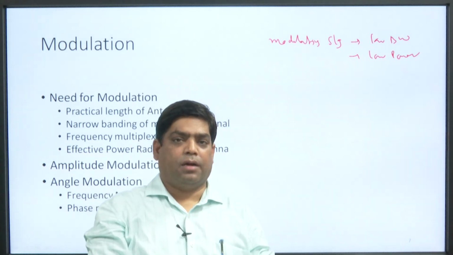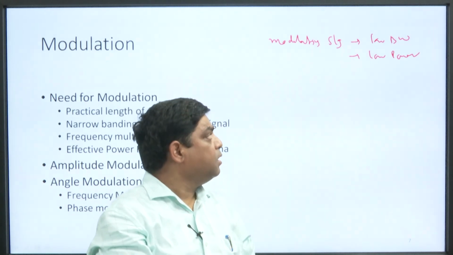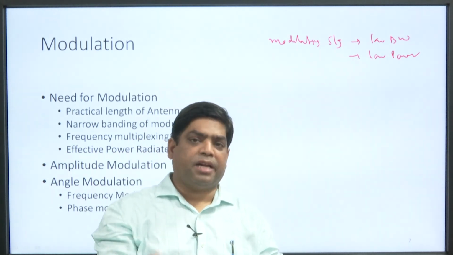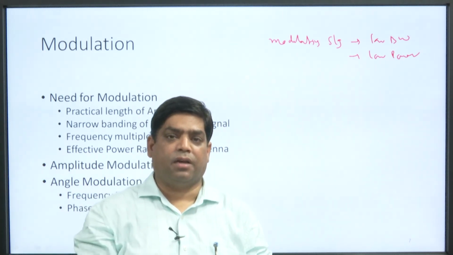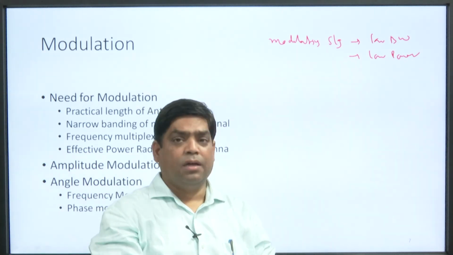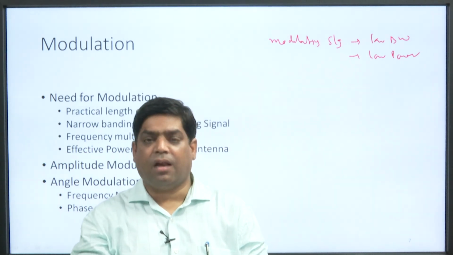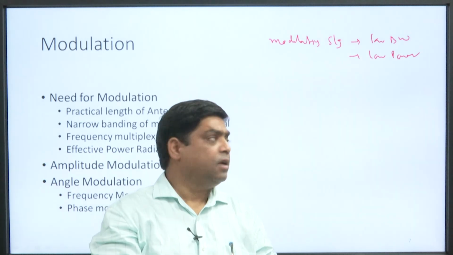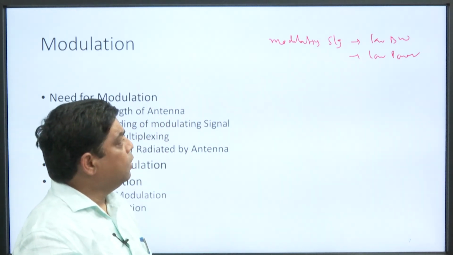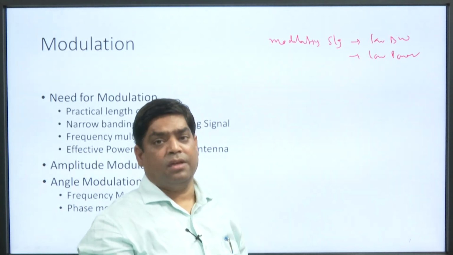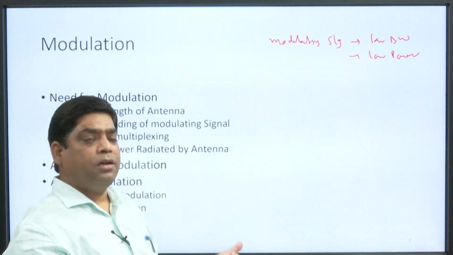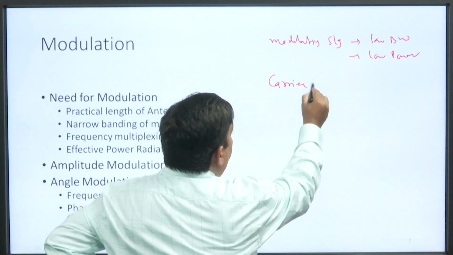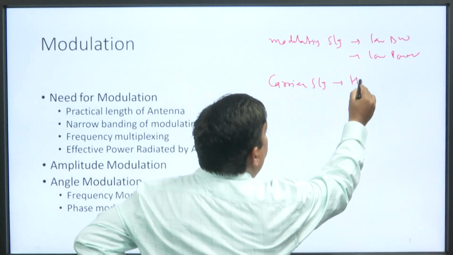For that, if we transmit this signal by increasing its power, then it may be transmitted to a far location at low frequency, but there are some practical constraints and limitations, so we have to increase its frequency. For that there is a carrier signal, that is a high frequency signal.